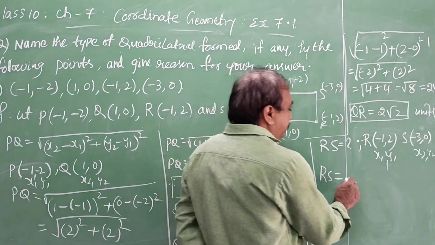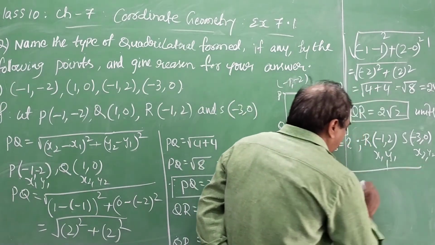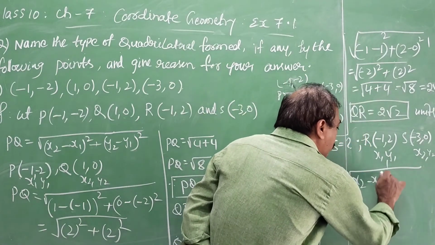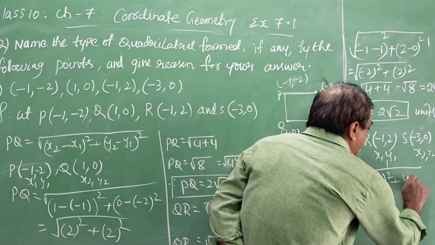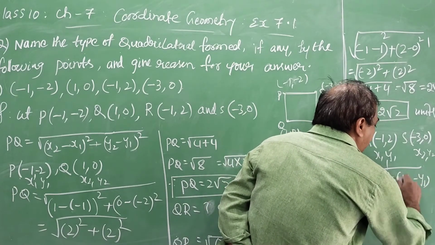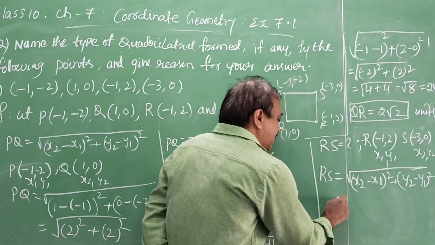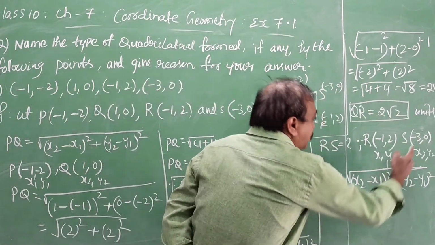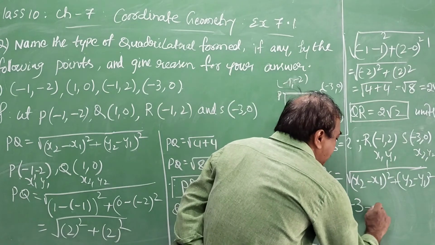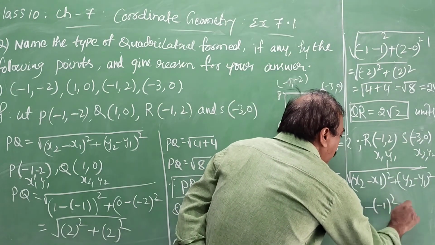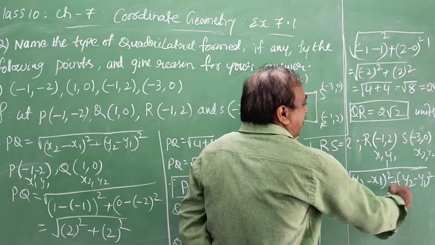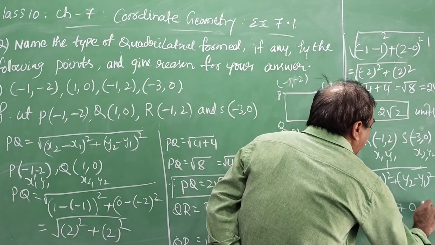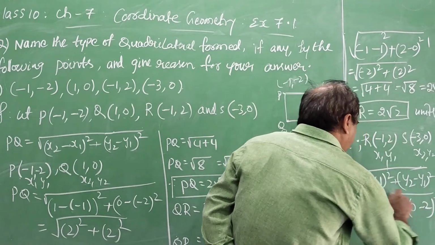So root of (x2 minus x1) whole square plus (y2 minus y1) whole square, which is equal to (-3 minus of -1) whole square plus (0 minus 2) whole square.